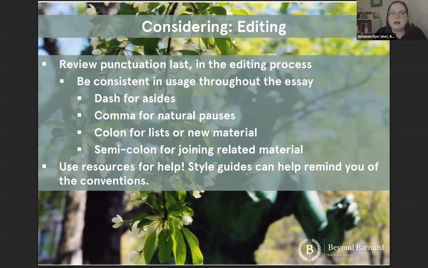So you pick an approach and stick with it throughout. There are some suggestions here. I also really encourage folks to use online style guides. They can help remind you of specific conventions. It's not uncommon for folks to consult these. And in fact, me too, because I don't always remember what polite society uses semicolons for.